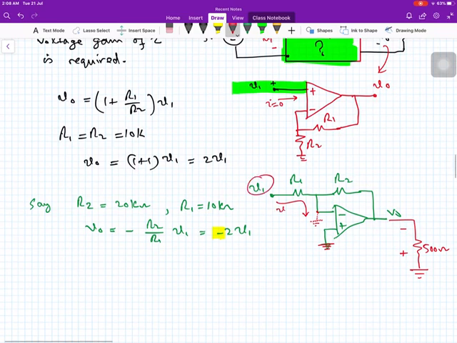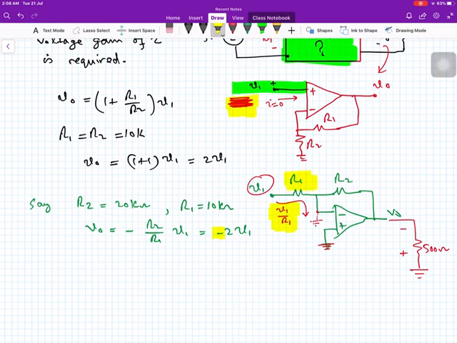The current through it will be V1 over R1. While the first circuit will not load the source voltage at all, the second option will draw some current which is due to R1.